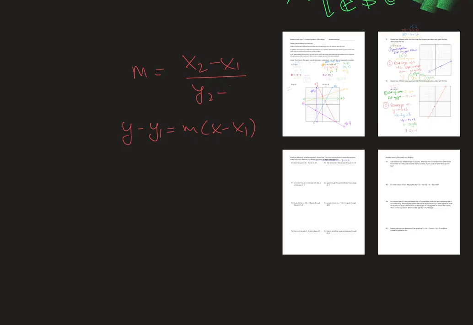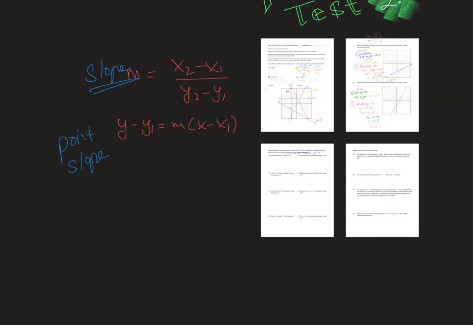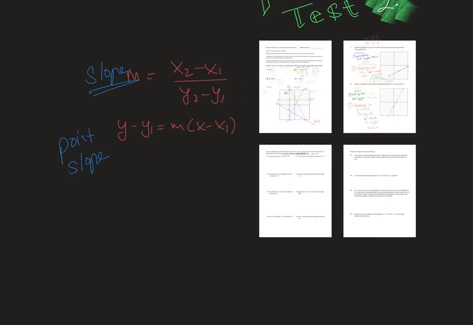That looked ugly. Let's try it again. y2 minus y1 over x2 minus x1. So this is just slope. This one is point-slope. Wow, I'm really having trouble writing slope. And then slope-intercept, which I already wrote a second ago, is just y equals mx plus b.